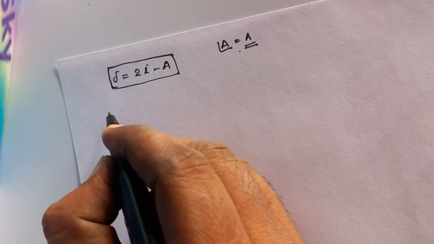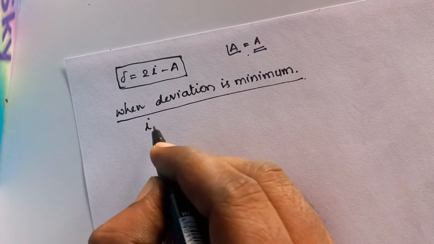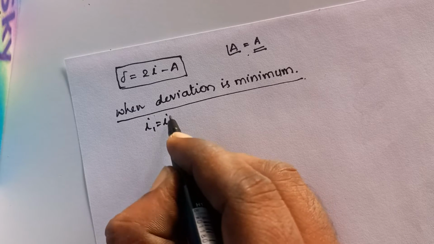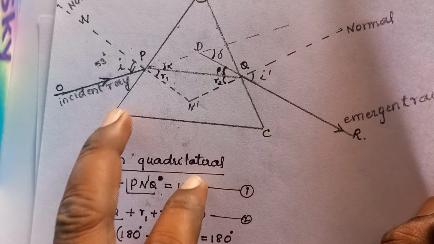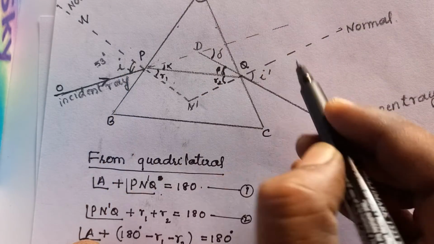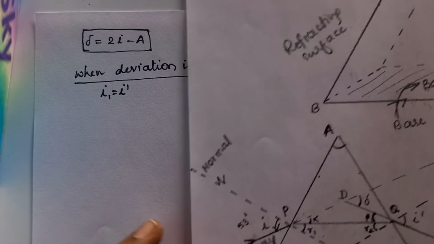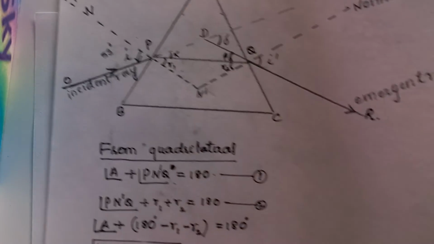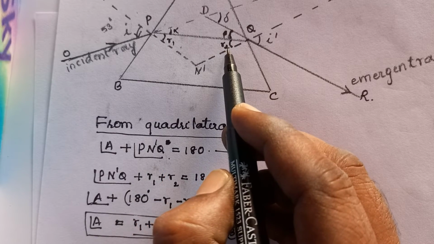When the deviation is minimum, I is equal to I dash. When the deviation is minimum, PQ is parallel to BC and this angle is equal to this angle I dash. I is equal to I dash, and at the same time we can observe that R1 is equal to R2.